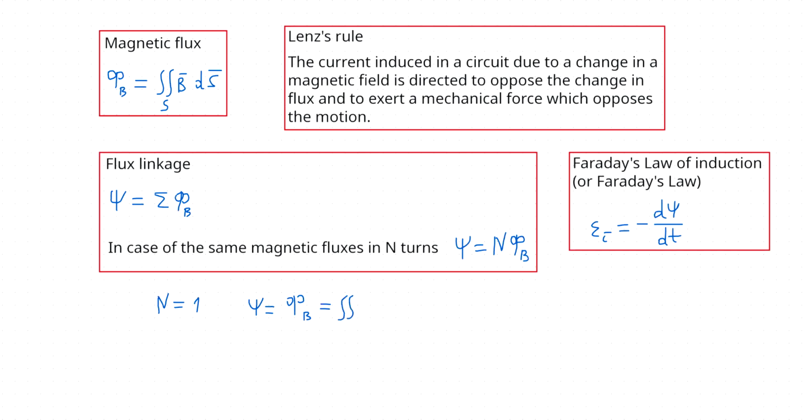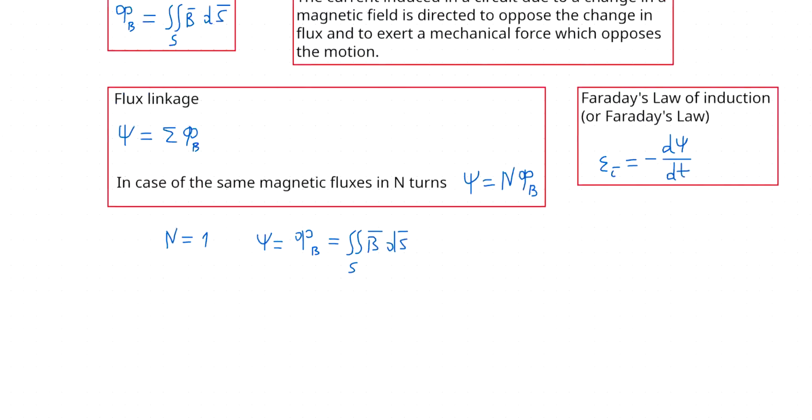Which is equal to the integral over S of B dS. Okay, and the derivative of flux linkage with respect to time is equal to d by dt of the surface integral of B dS.